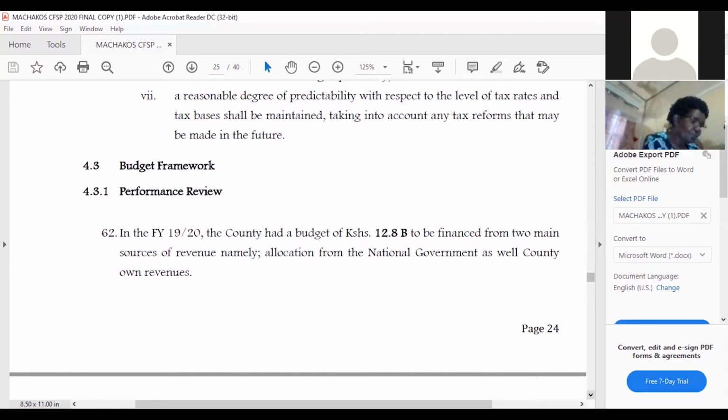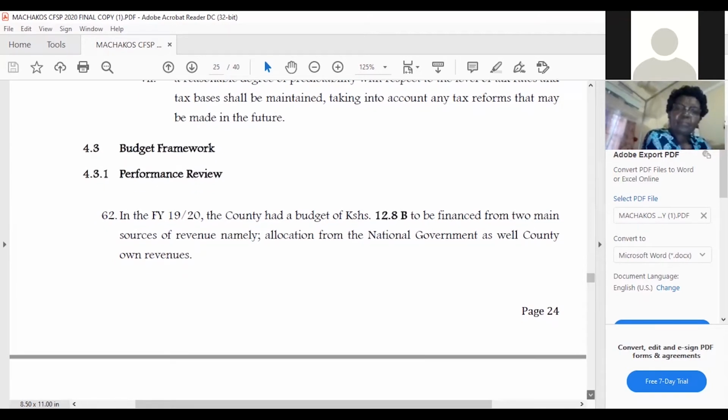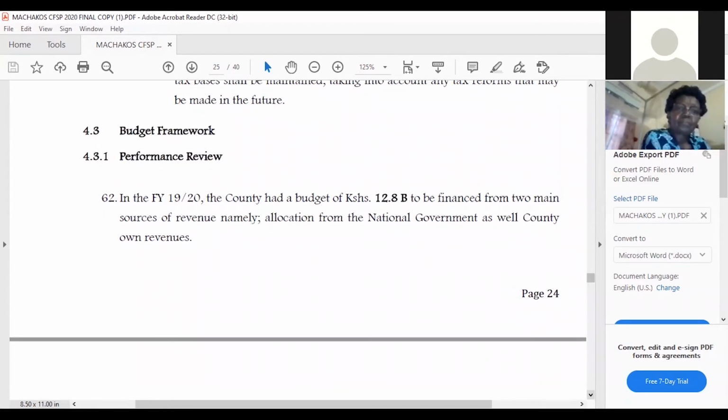Okay. Right. So as we stated, it should show performance, the first element. If we look at this Machakos County fiscal strategy paper, on page 24 it says performance review. It says that in the financial year 2019-2020, the county had a budget of 12.8 billion, to be financed from two main sources of revenue, namely allocation from the national government as well as county own source revenue.